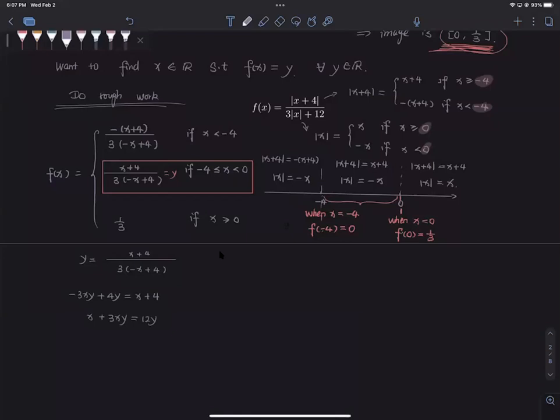Am I right? Wait, this is not 4, this is 12. Oh my god. 12y minus 4. So x times 1 plus 3y equals to 12y minus 4, which means x is 12y minus 4 over 1 plus 3y.